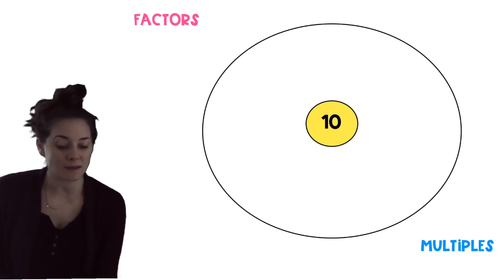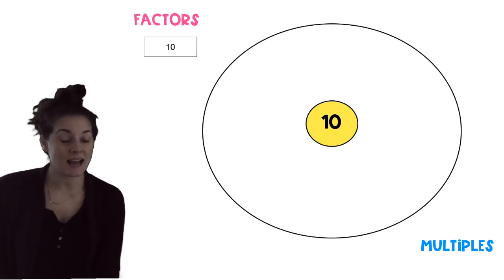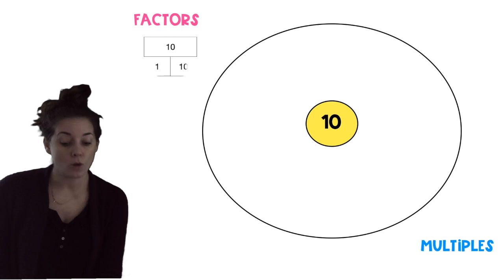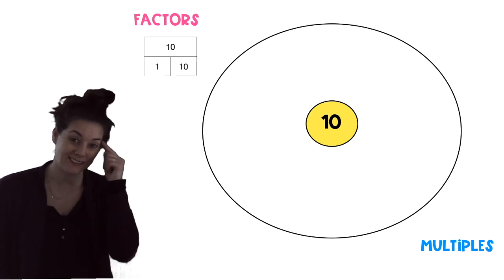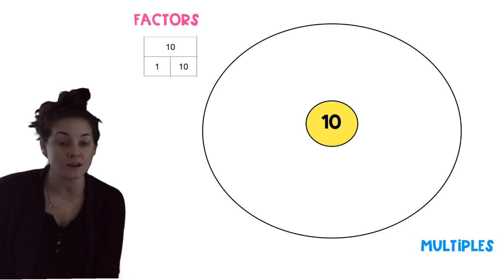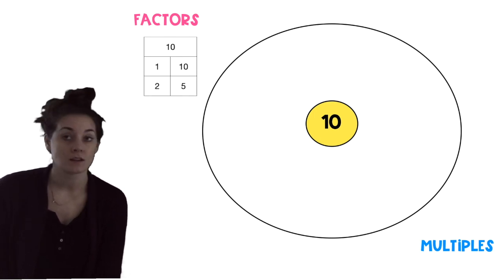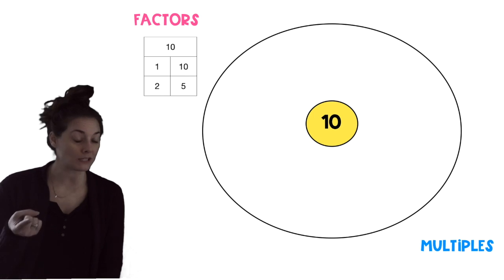I'm going to start by making my table and putting 10 at the top. Then I'm going to ask myself, okay, 1 times what is 10? And that's 10. Then I'm going to go to the next counting number, and the next counting number is 2. So 2 times 5 is the next set of factors. Then I'm going to ask myself, what about 3?